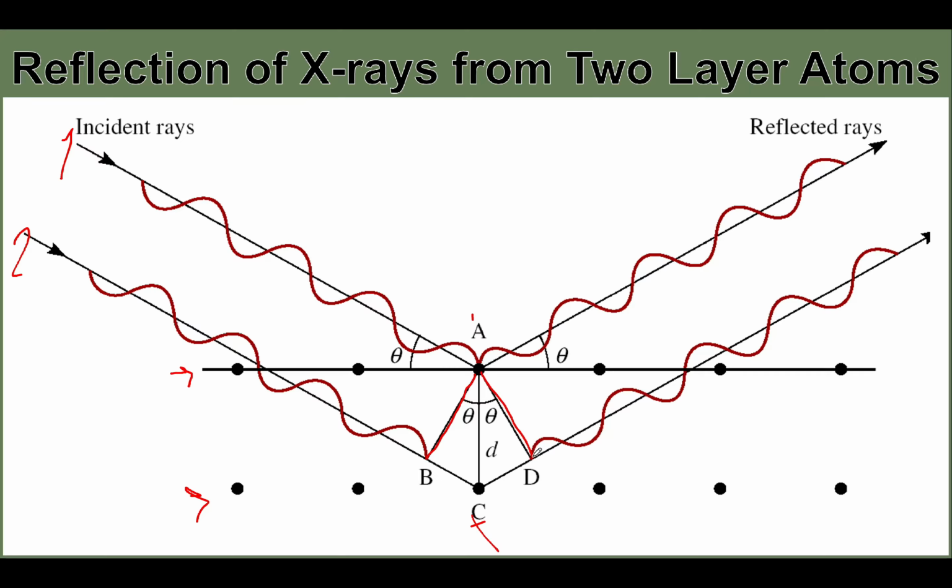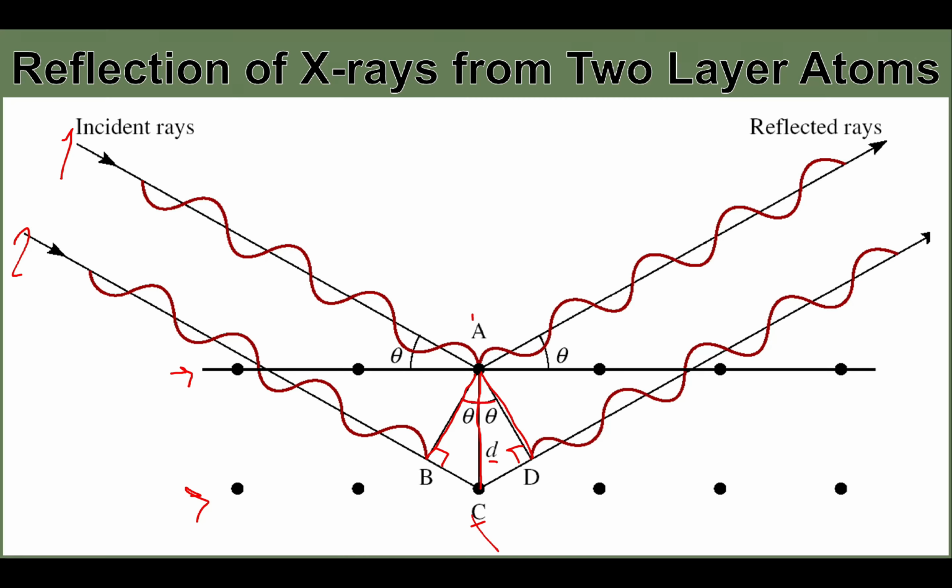To get the length of the extra distances, we need to use some trigonometry concepts. From A to C, this will be your hypotenuse d. And you will have right angles here, here, and angle theta here.